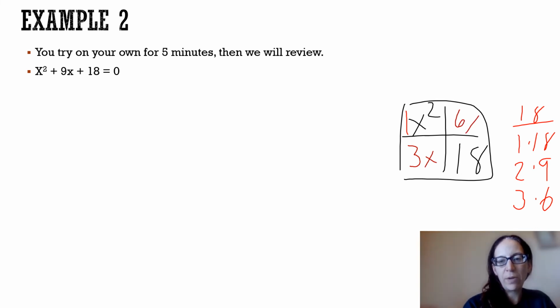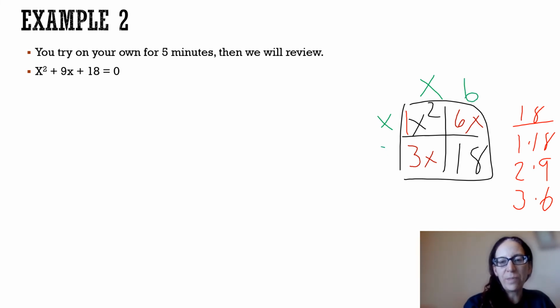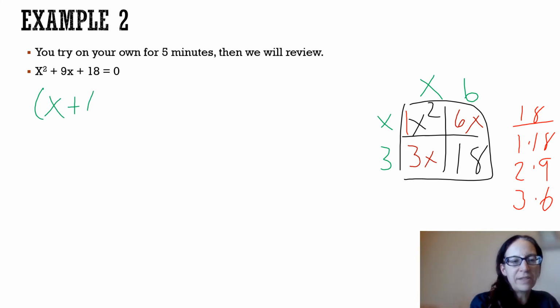So we'll go ahead and put that in, and then we can factor it. This is nice. If you get the x squared, it only factors one way, so you don't have to worry about it. This would be a 6. This would be a 3. And so our factors are x plus 6 and x plus 3.